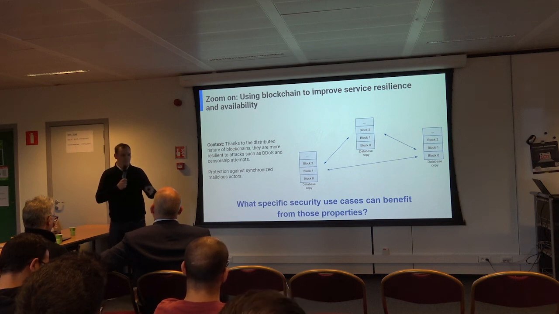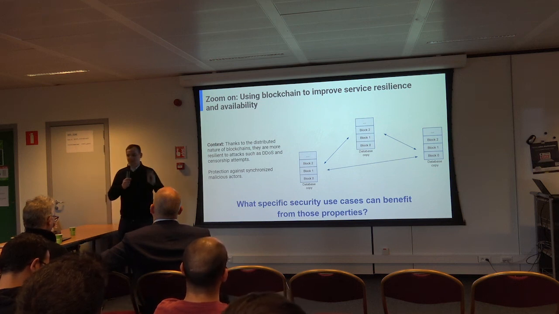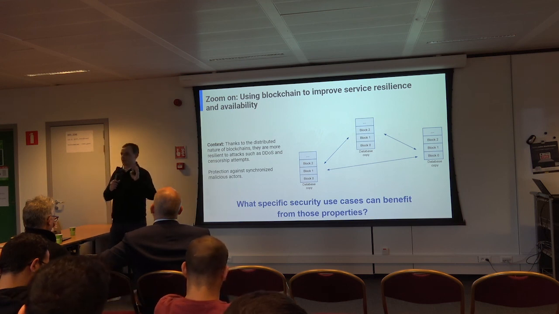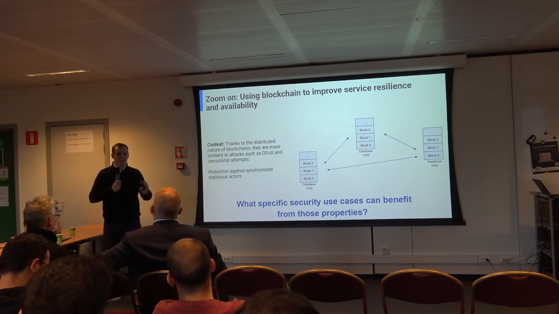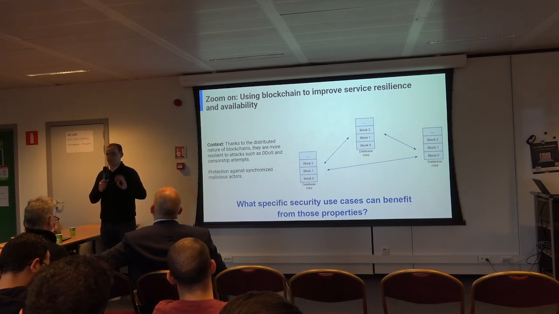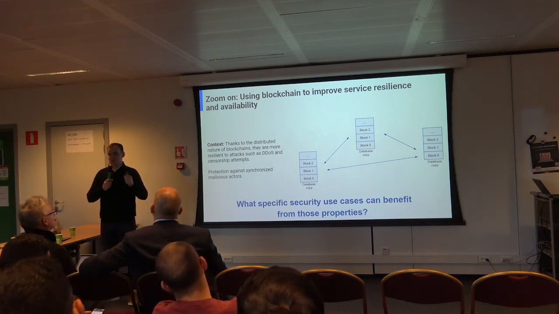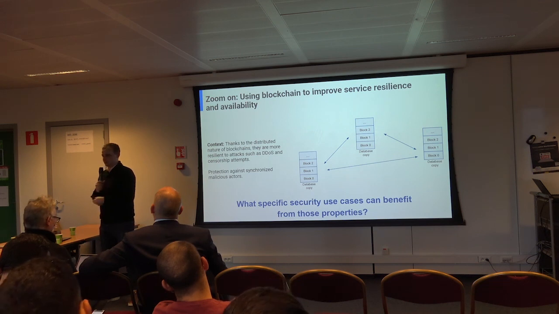What I want to do with you here is to say, okay, this is good in order to prevent DDoS attacks. This is good in order to make sure that at every single time you can't be censored. Okay, fine. But where are those properties actually being used in real life? This is the question.